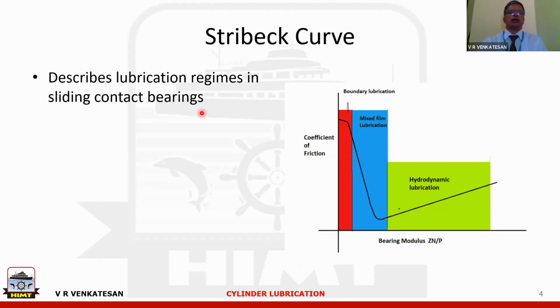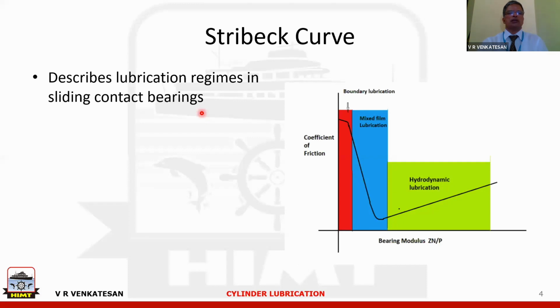Bearings usually come under two main categories. One is called rolling contact bearing, and the other one is called sliding contact bearing. In rolling contact bearings, you will have rolling elements. Ball and roller bearings all come under this category.